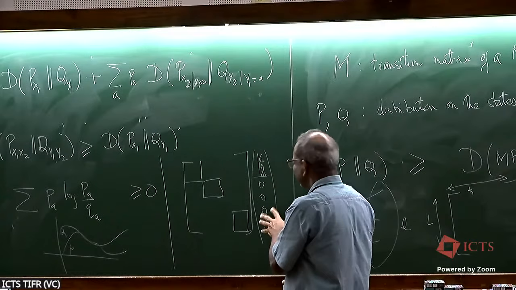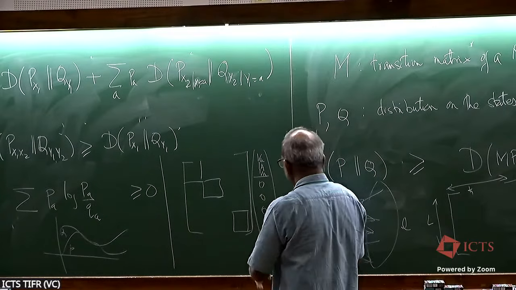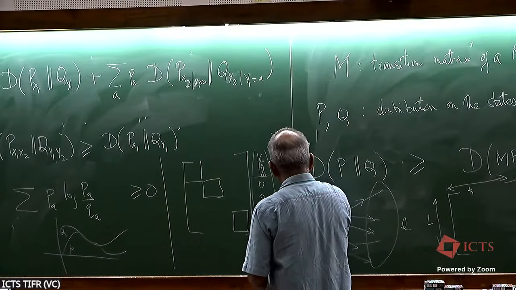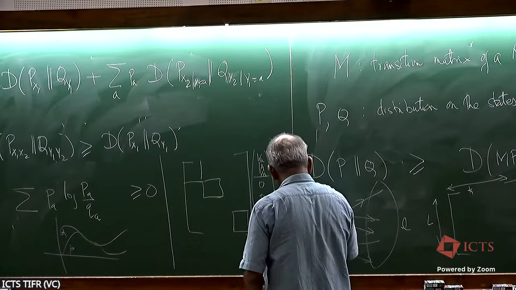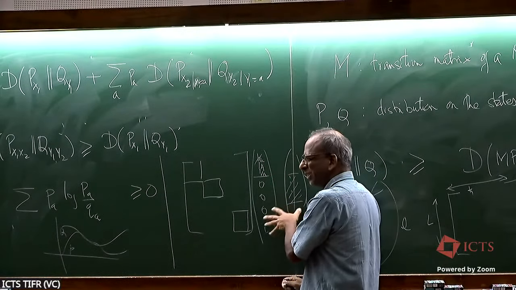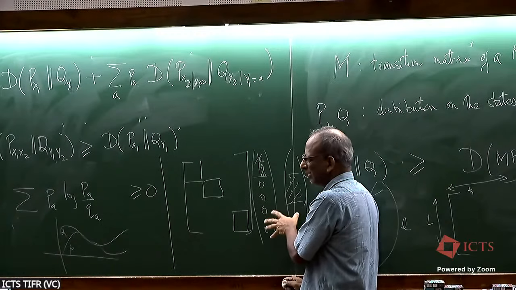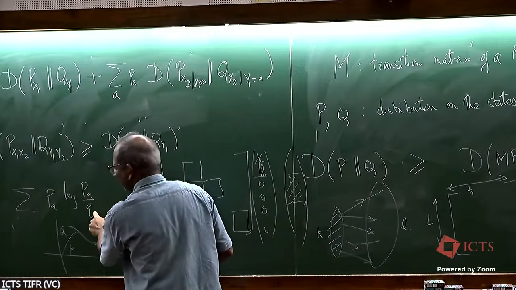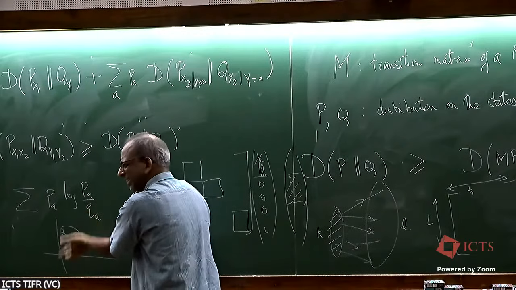The trouble is that if you're thinking of P and Q, where P is like this and Q is focused on some other block, the relative entropy here is an annoying number, because for all these values of A, PA is 1 over K and Q is 0, and this is infinity.